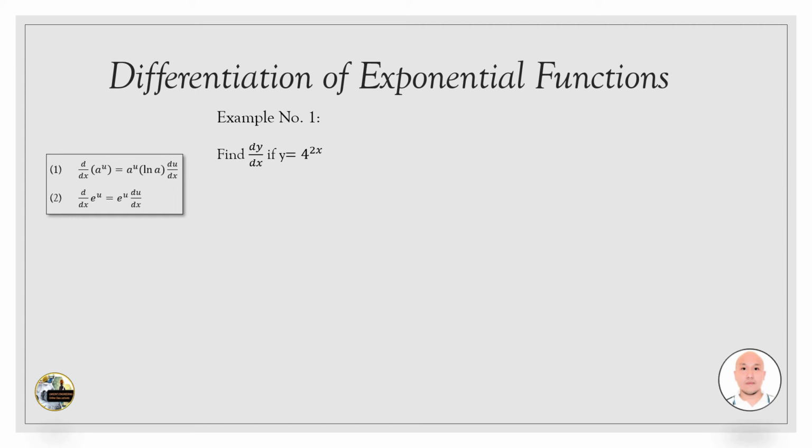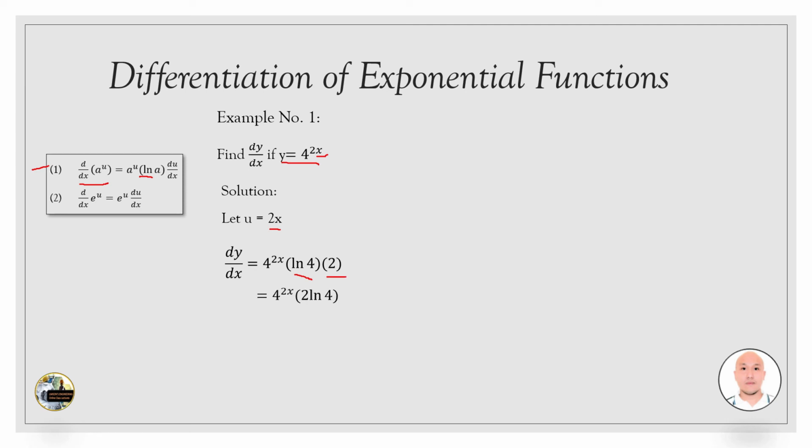From our problem, the applicable formula is formula number 1, a raised to u, where our u is equal to 2x. Then dy over dx is equal to 4 raised to 2x times ln a. So a is 4, ln 4, times du over dx. The differentiation of 2x is 2.